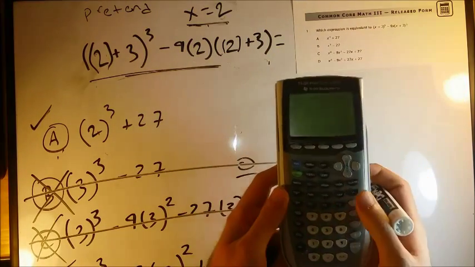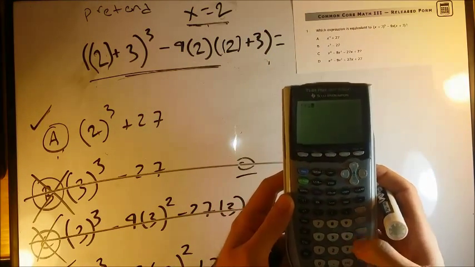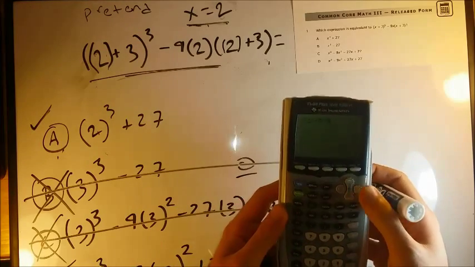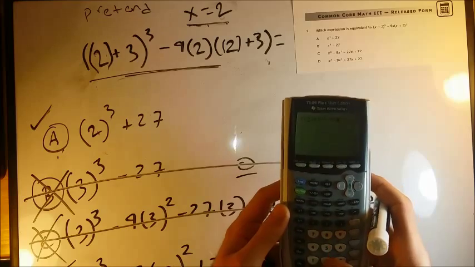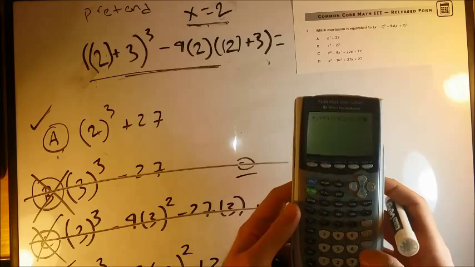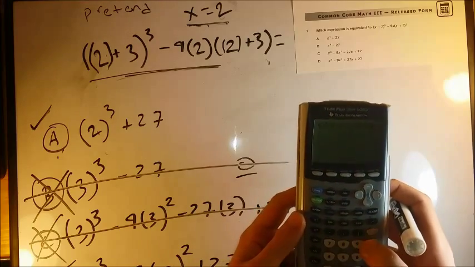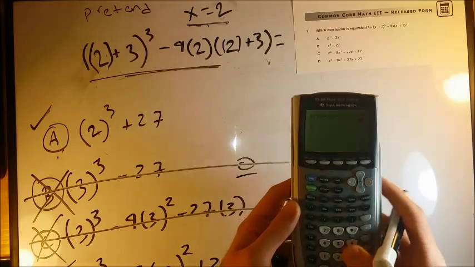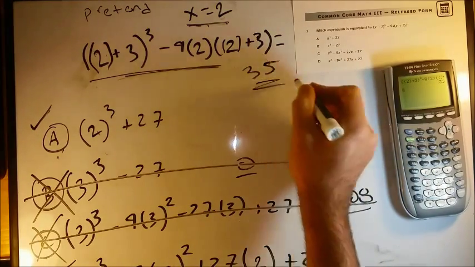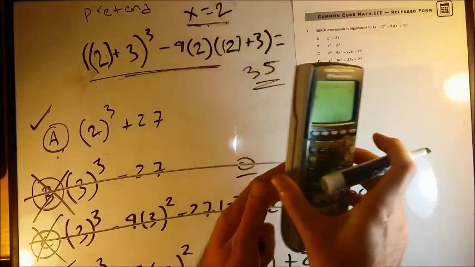So 2 plus 3 cubed minus 9 times 2 times 2 plus 3. This is going to give me an output of 35. So now I'm looking for which of my possible answer choices has an output of 35.